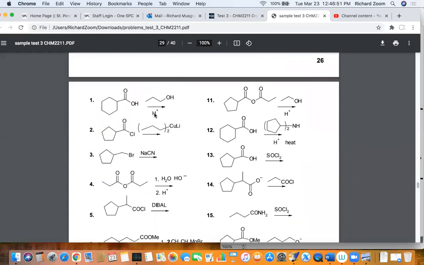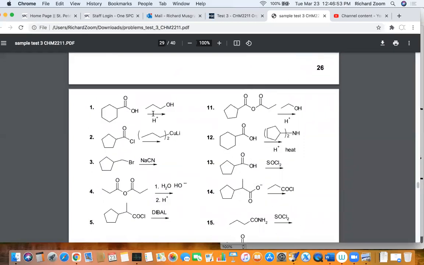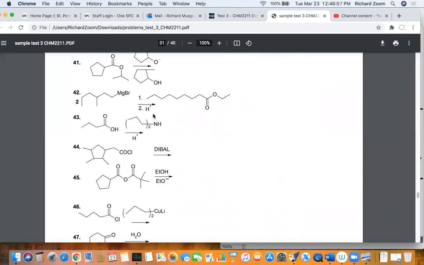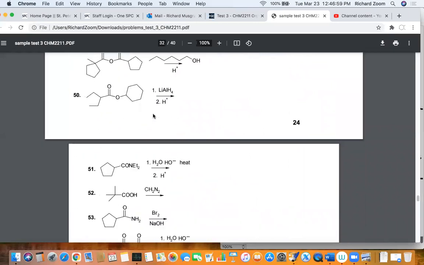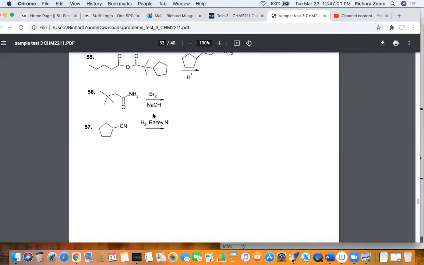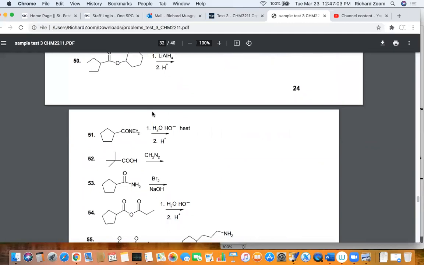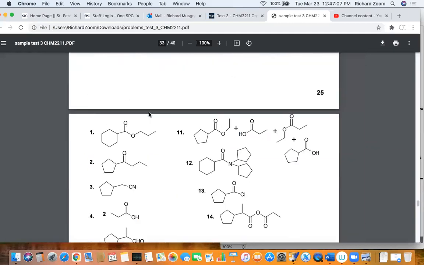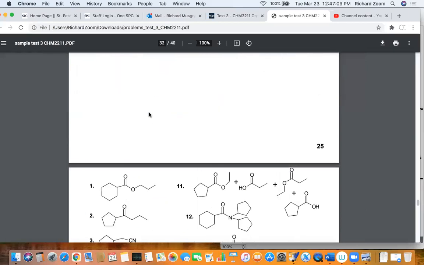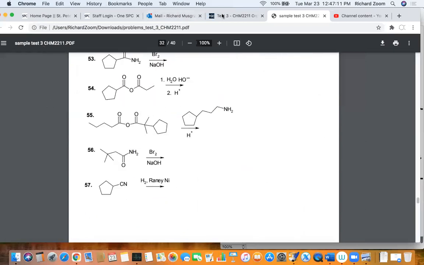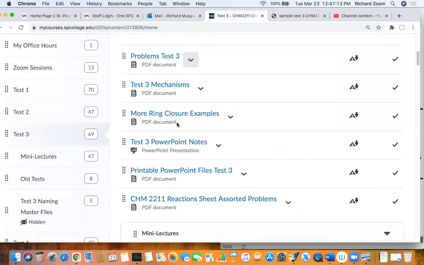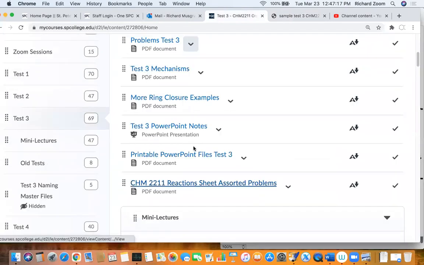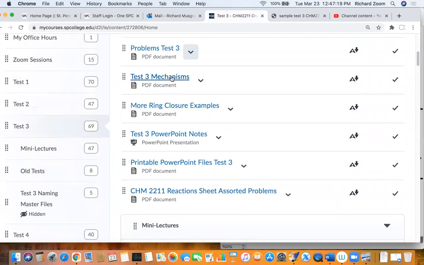Anyways, after the reaction summary, there's a bunch of problems. Let's see, how many are there? 57. Each of these has answers present in the document afterwards, but the mechanisms for all of these problems are in this document, test 3 mechanisms.